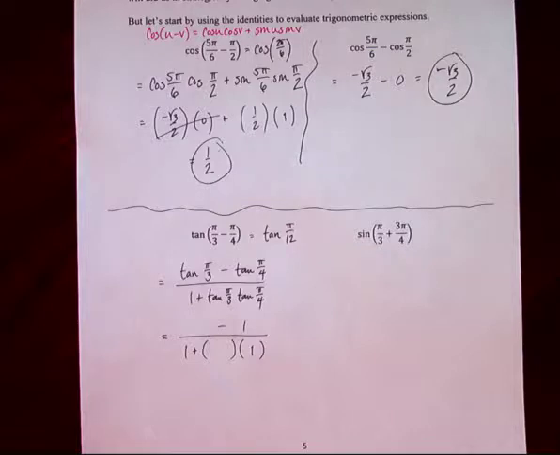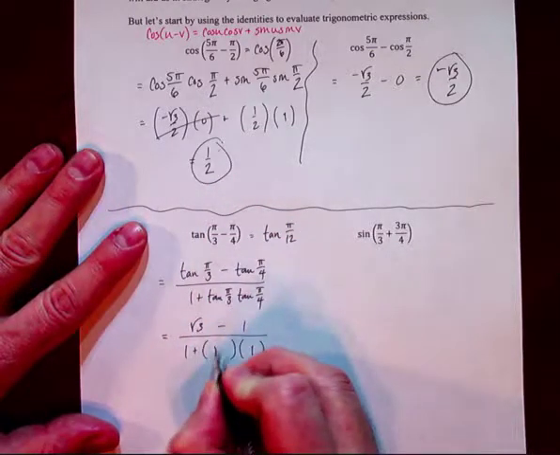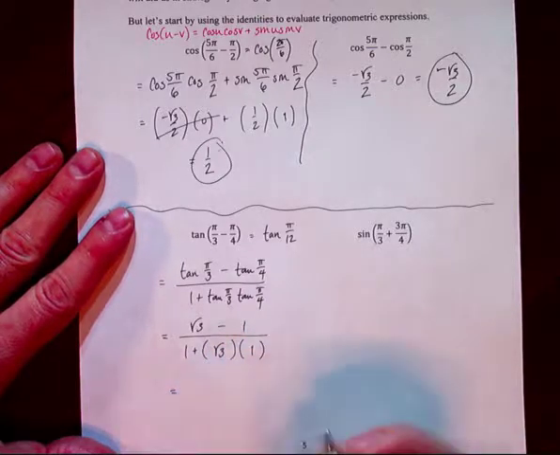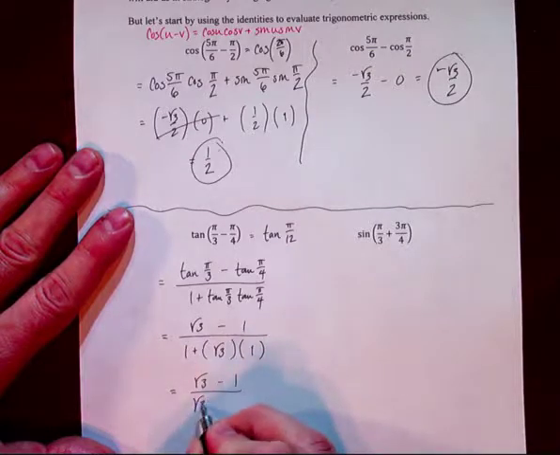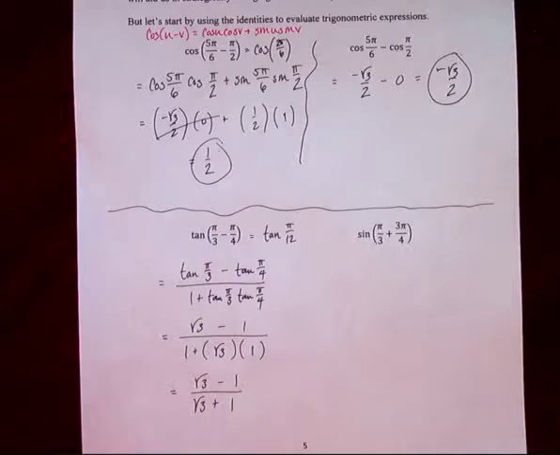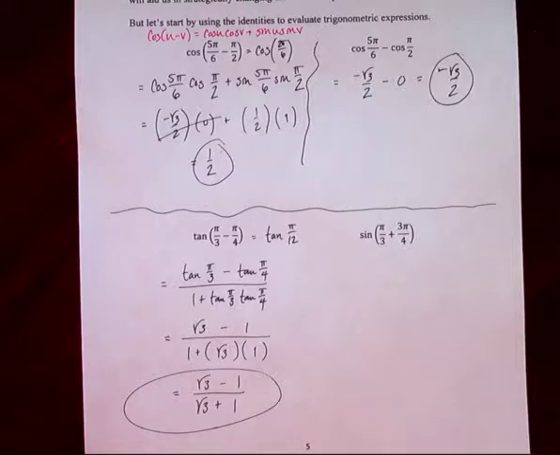Well, you can think about it in terms of a unit circle, and there are several ways you can do this, but sine of pi over 3 is going to be root 3 over 2, and cosine of pi over 3, we've already established, is 1/2, and therefore what we get is root 3. And therefore, tangent of pi over 12 is root 3 minus 1, and if you want to turn the denominator around so that it looks all nice and semi-symmetrical, you get root 3 minus 1 over root 3 plus 1. And you can leave it like that.